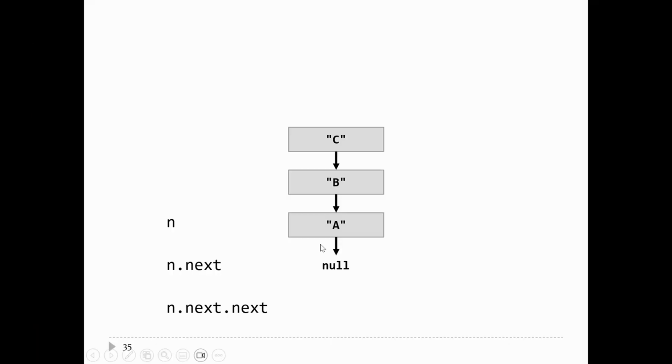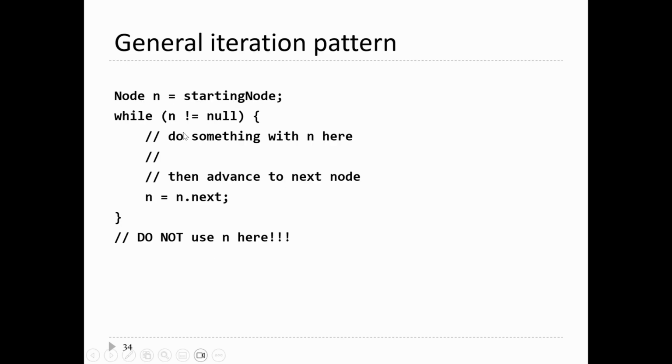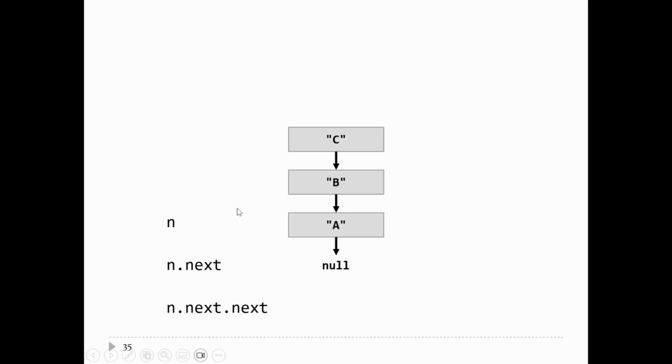All you have to do is change the previous loop. Instead of looping while n is not null, you just loop while n.next is not null. So when n reaches this node here, n.next is now null, so it stops. That leaves n referring to the last node in the sequence, and it doesn't process the last node. So you have a reference to the last node now, and that's how you get a reference to the last node in the sequence.